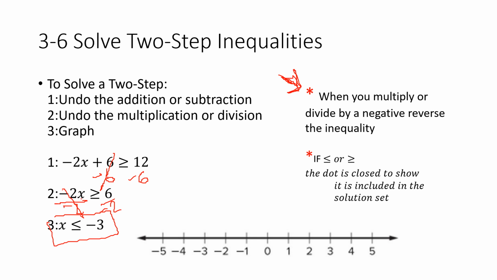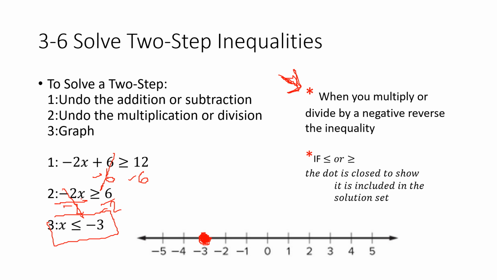So now we have to graph it. This is pretty simple. Find negative 3 on the number line, circle it. And then consider if it's a less than or equal to or greater than or equal to. The dot is closed to show that that number is included in the solution. So this is an equal to. That is a less than or equal to sign, so fill that dot in.